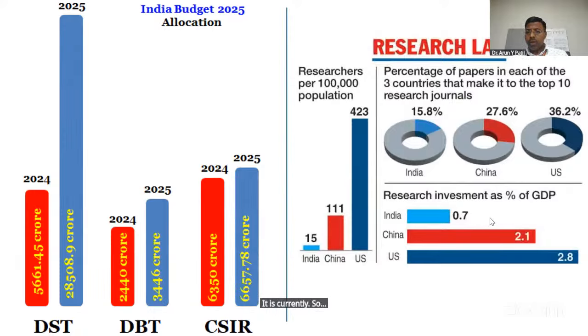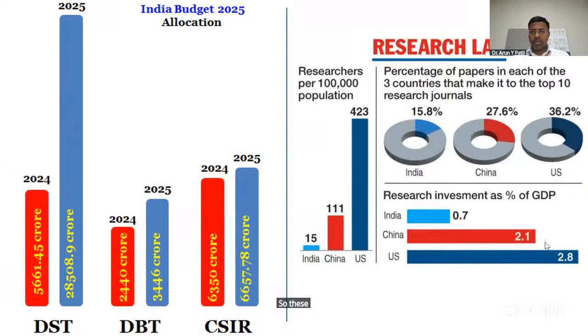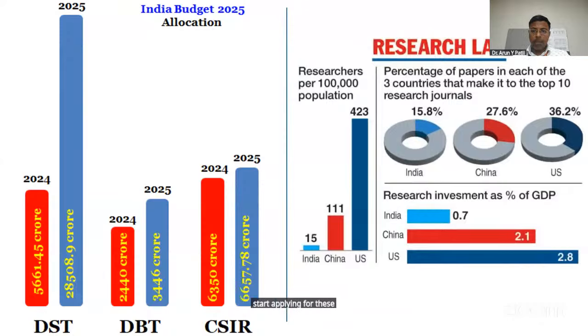On the GDP aspect, India spends 0.7%, China spends 2.1%, US spends 2.8%. These are some of the stats with which I would like to keep you aware. Government is funding in huge numbers. The only thing is we have to prioritize and start applying for these kinds of funding proposals.